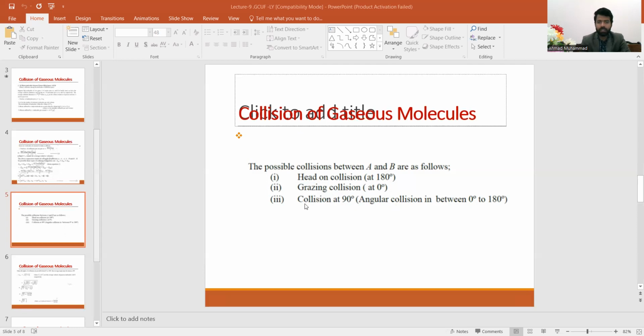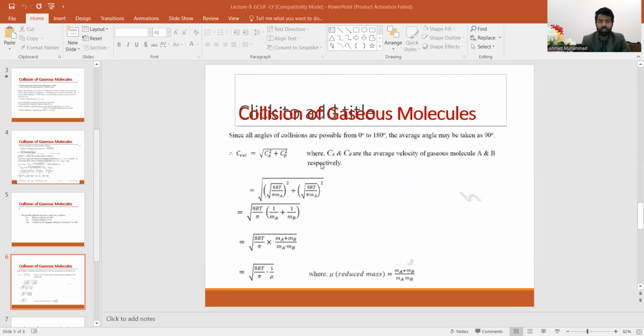And right angle collision or angular collision, where the collision angle is 90 degrees. Since all collisions are possible from 0 to 180 degrees, the average angular collision may be taken as 90. So the relative velocity will be equal to the square root of Ca square plus Cb square, where Ca and Cb are the average velocities of gas molecules A and B respectively.